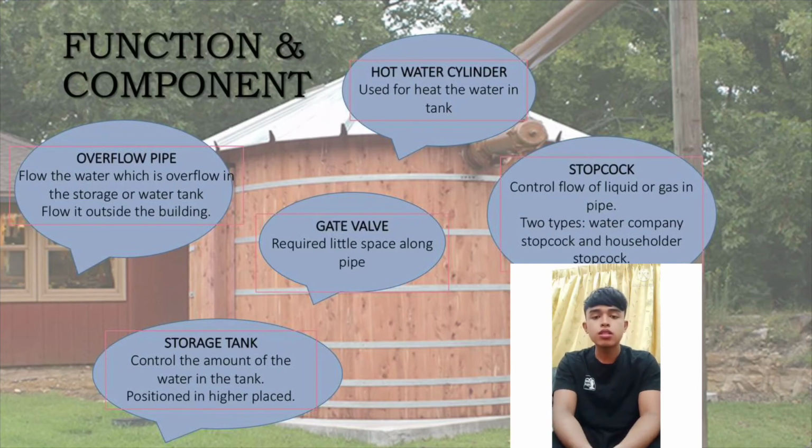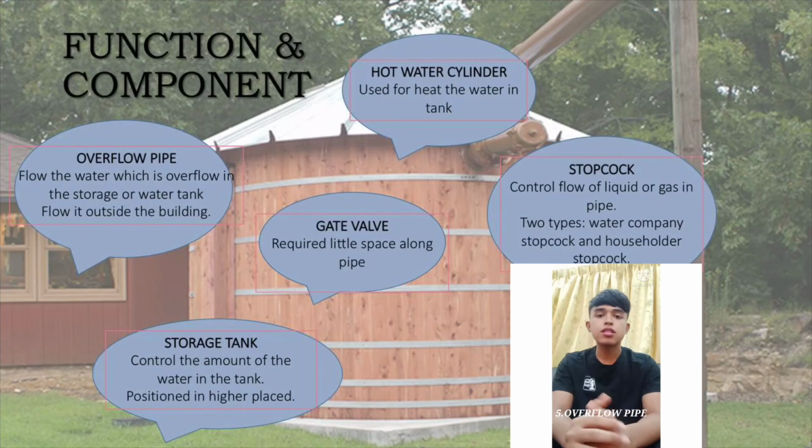Typically, the storage water tank holds 230 to 360 liters, equal to 50 to 80 gallons of water in the system. And usually, the storage water tank uses a ball cock flow system to control the amount of water in the system.